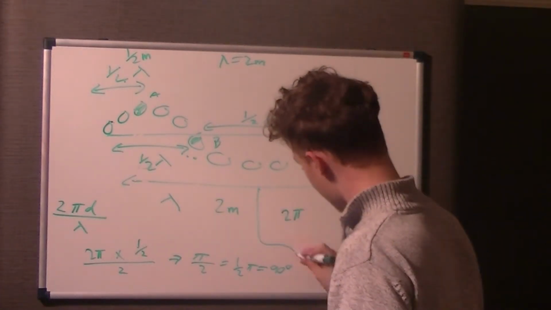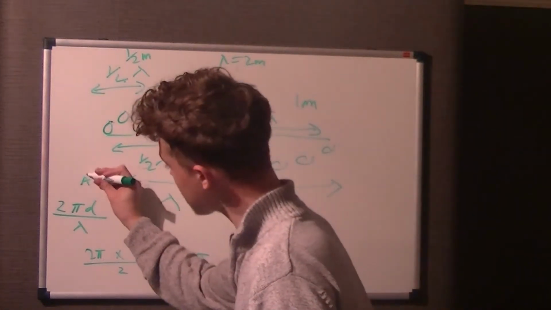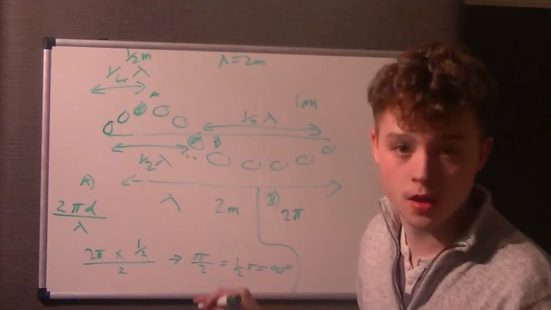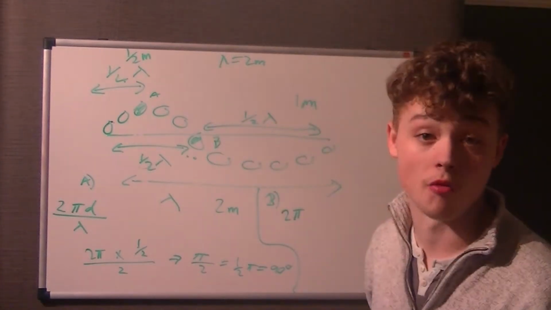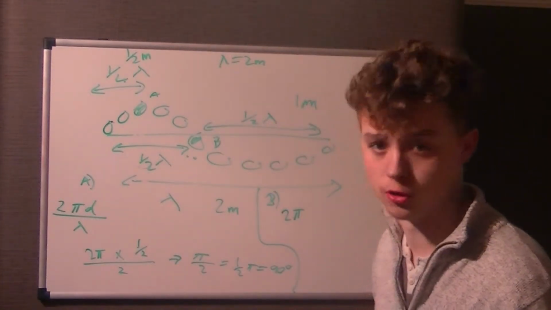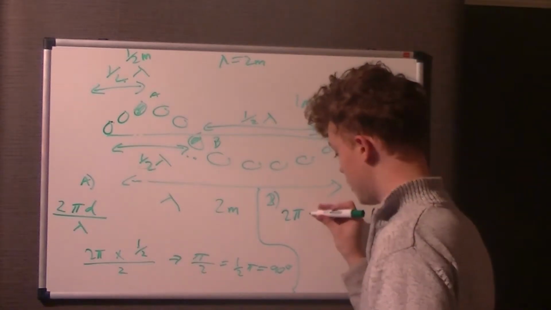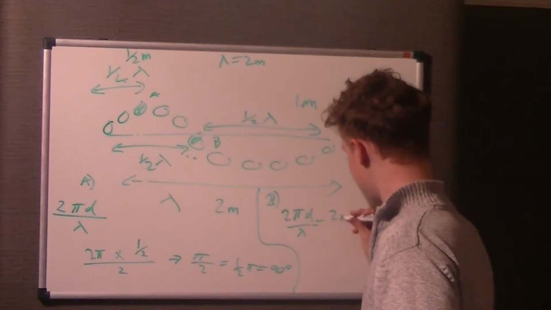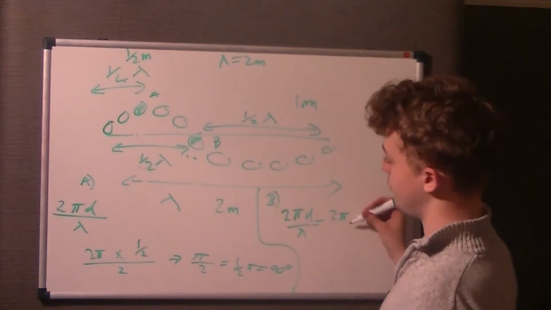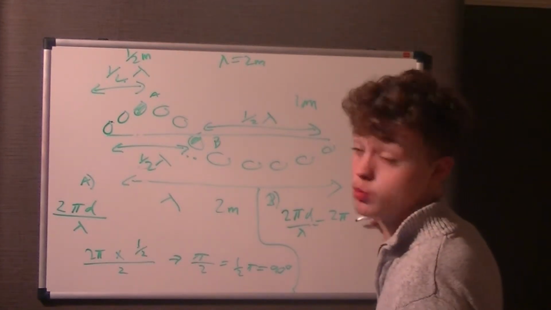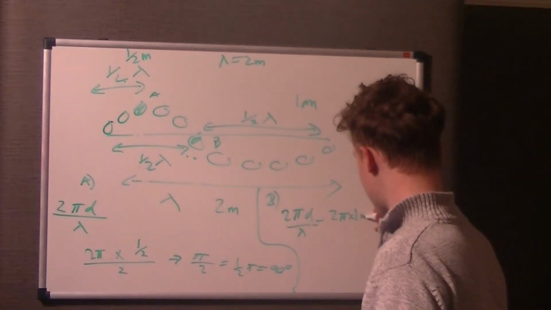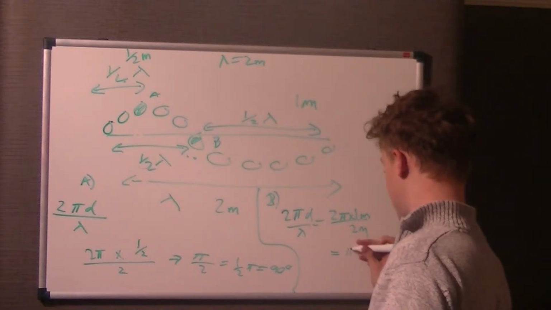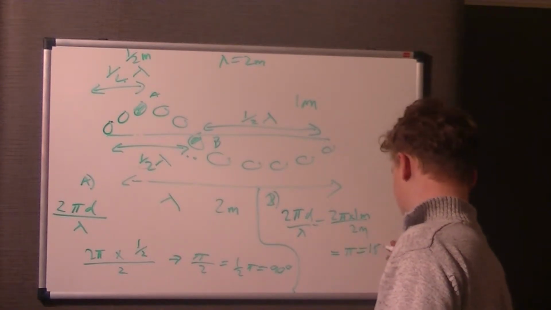That's not part A and B of the question, that's just A and B respective of the vibrating particles. So 2 pi d over lambda equals 2 pi, the distance is half of 2, which is 1, times 1 metre over 2 metres. That means it equals pi, 180 degrees out of phase.